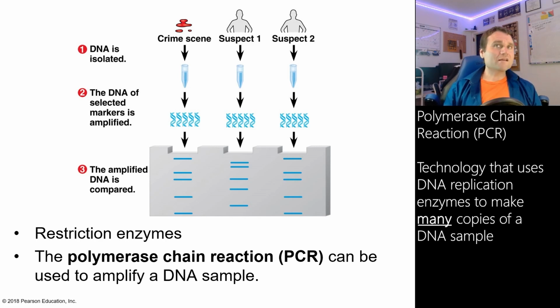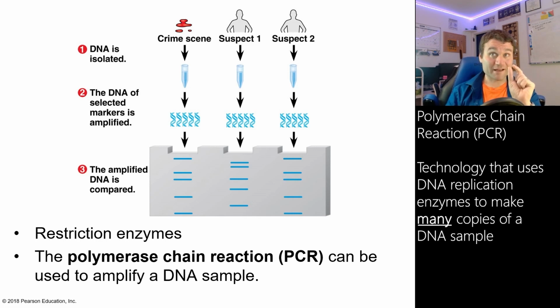In order to catalyze this reaction, we have to do it at relatively high temperatures. So they can't use the kinds of replication enzymes that exist in our cells, in human cells. Instead, they end up borrowing some enzymes from archaea and other kinds of single-celled organisms that live in really hot water, like boiling hot springs and that kind of thing.